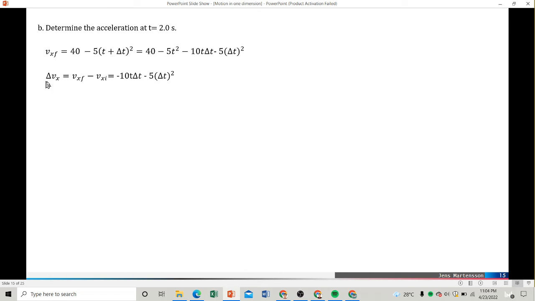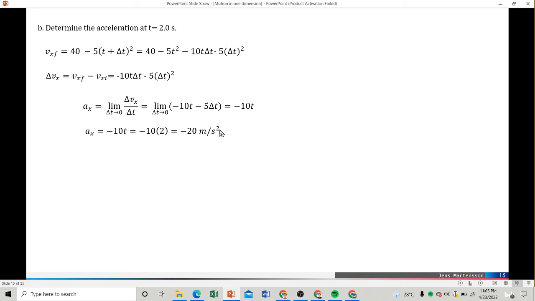Since what we are looking for is the instantaneous acceleration at a specific time t equals 2 seconds, we can use the concept of the limit of a function that we discussed before: acceleration x is the limit as change in t approaches 0 of change in Vx over change in t. So we can substitute as change in t approaches 0, the remaining terms cancel out, and what remains is negative 10t.